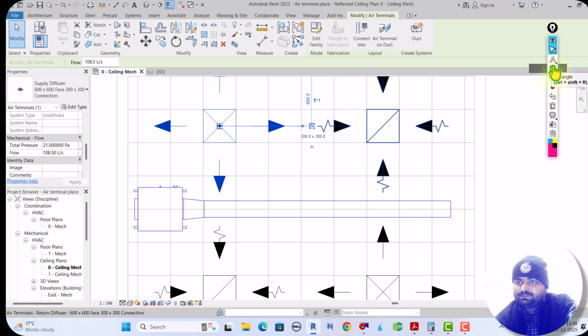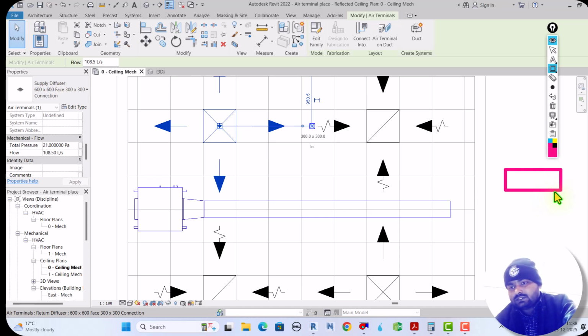Let me show you. See, this is the duct, so our 300 by 300 will connect here. So the branch duct that will go here, its width should be greater than 300 by 300. How much greater? At least minimum 50 mm.